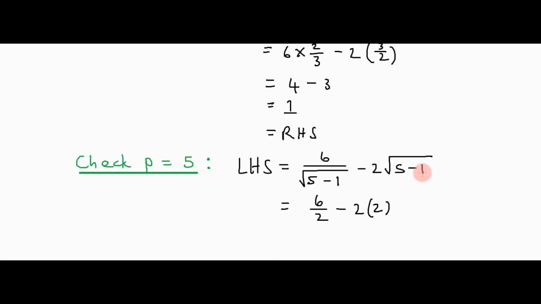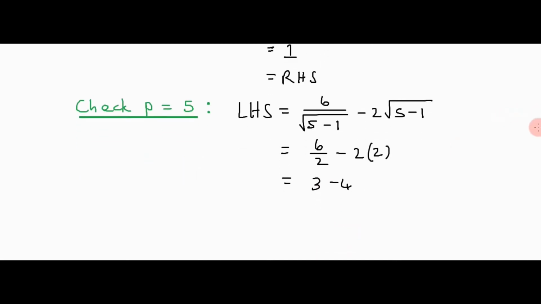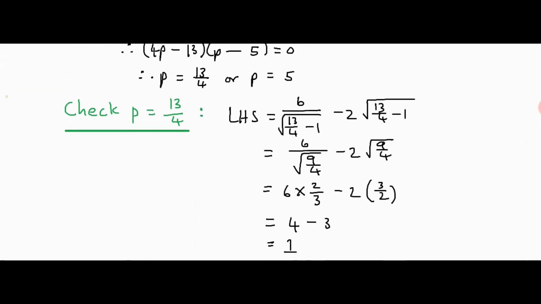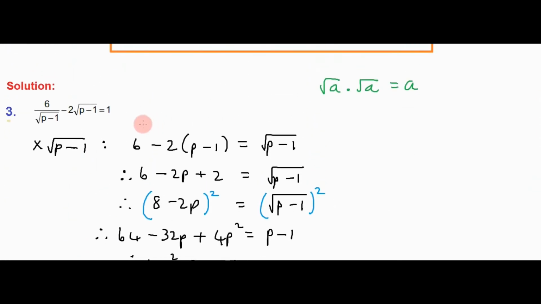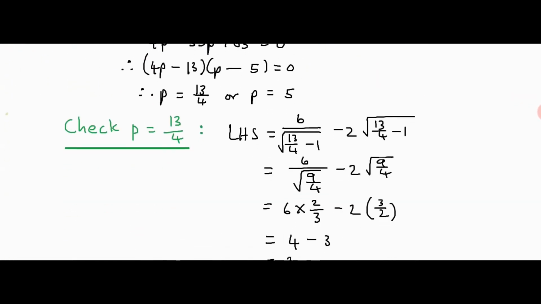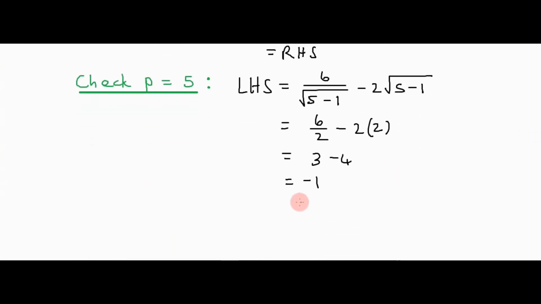And this is 3 minus 4, which is equal to negative 1. Now, the right-hand side of the original equation is 1. So this is not equal to the right-hand side. And hence p equals 5 is not a valid answer. So then the final answer will be p equals 13 over 4 only.